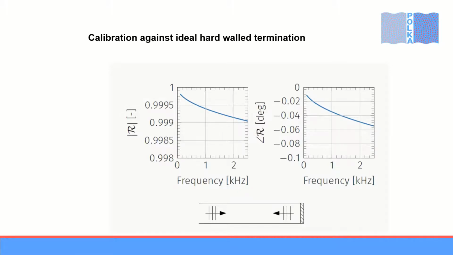So we get some losses, but the reflection coefficient is almost 1, total reflection, so you get the same amplitude as you send in. And then theoretically there's a small phase shift. So this is what you expect to get from your measurement. This is the standard we are comparing to.